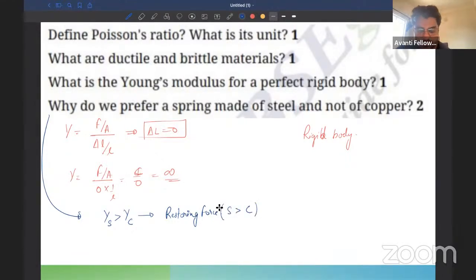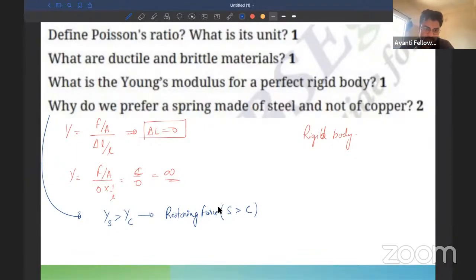If the restoring force of steel is greater than copper, then we can say the spring made of steel will rebound back very nicely as compared to the spring made of copper. So in other words, copper does not rebound back to its original shape, whereas steel comes back to its original shape, right?